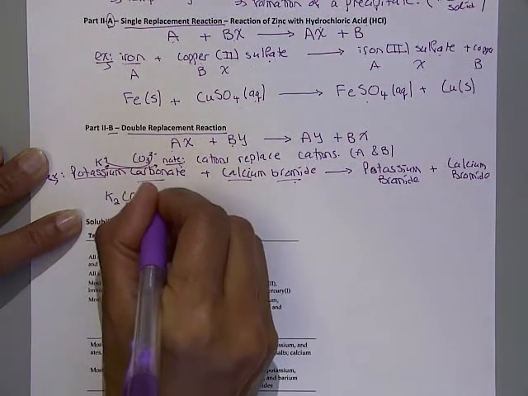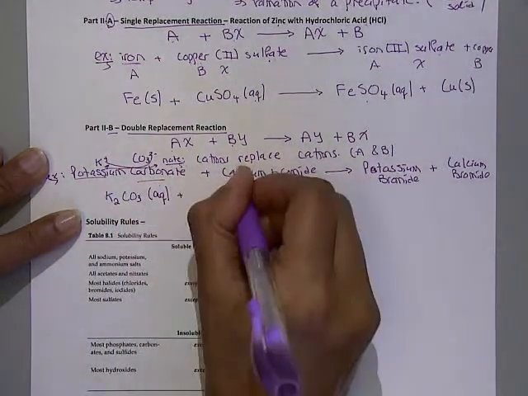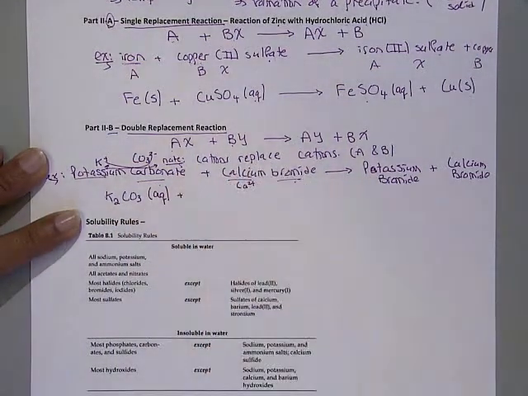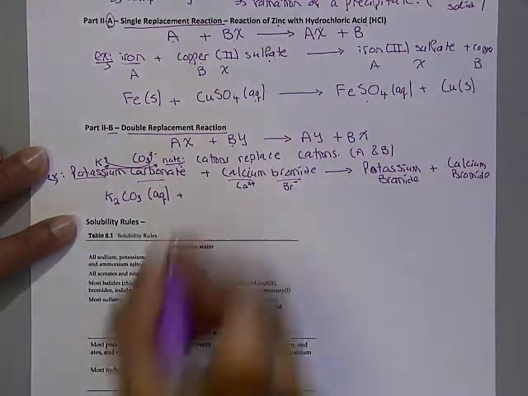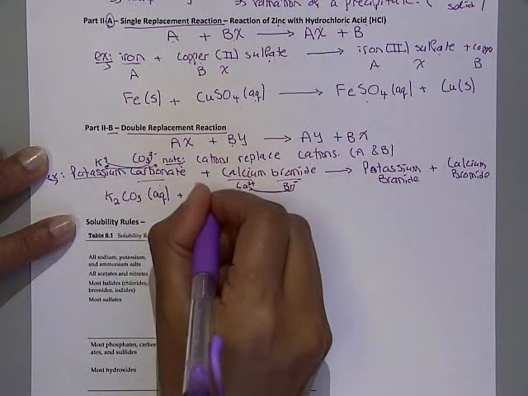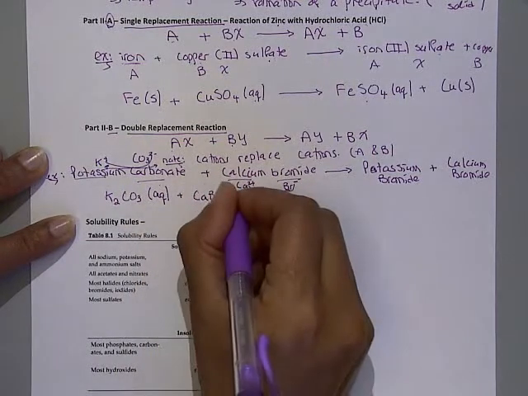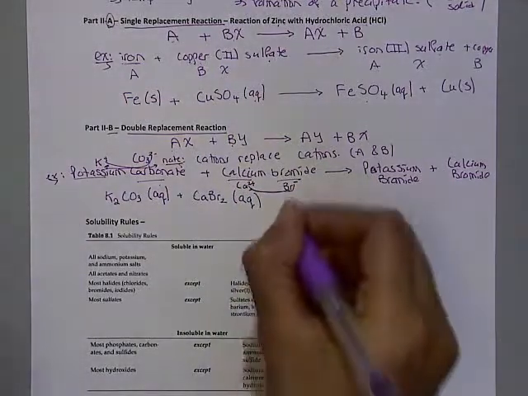I see that it's a transparent solution, therefore it's aqueous phase, plus calcium bromide. Remember, calcium's 2 plus because it's in group 2. Bromine is group 17, so therefore it's -1. My superscripts swap, and I get calcium bromide. In lab, I see it as a transparent solution, so therefore it's aqueous phase.